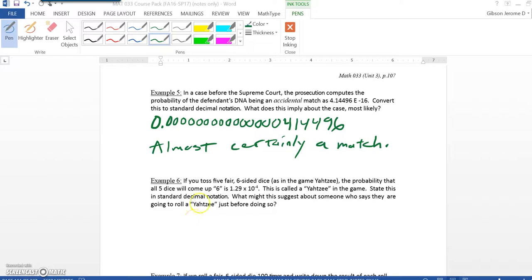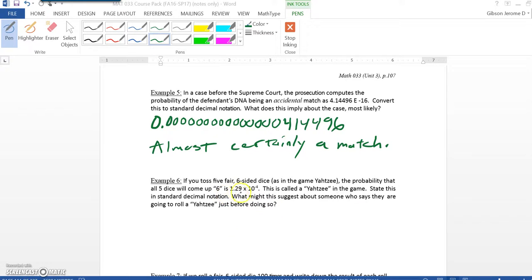Okay, example 6. If you toss 5 fair 6-sided dice, as in the game Yahtzee, the probability that all 5 dice will come up 6 is 1.29 times 10 to the negative 4. This is called a Yahtzee in the game. State this in standard decimal notation. What might this suggest about someone who says they are going to roll a Yahtzee just before doing so?